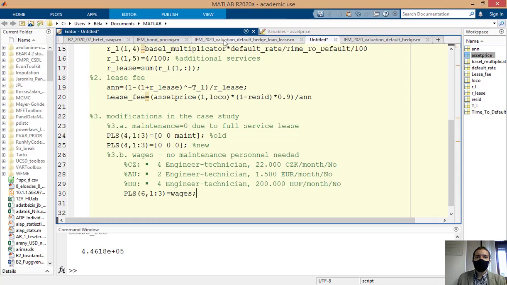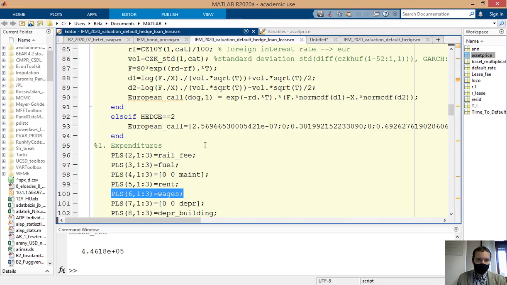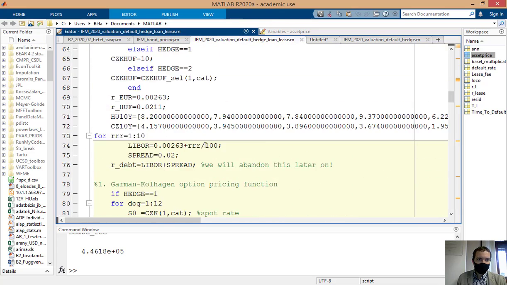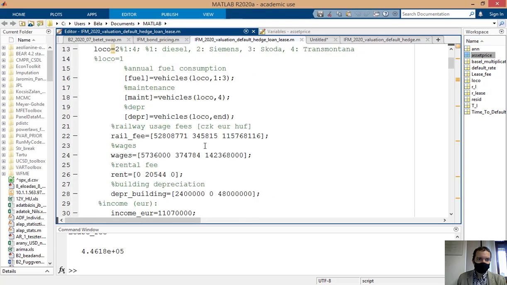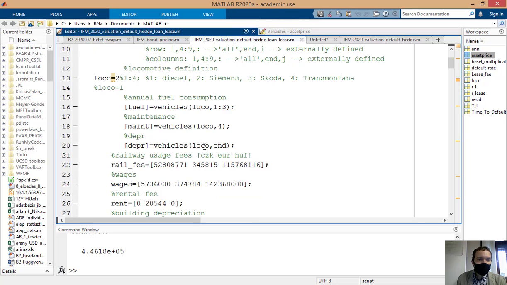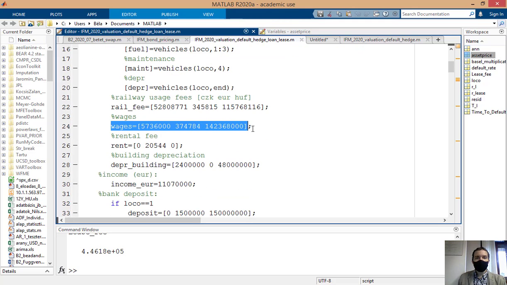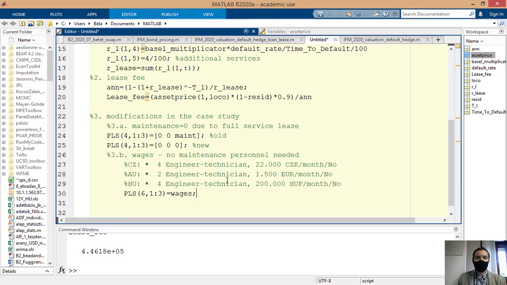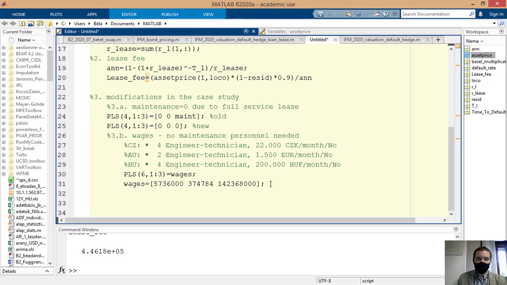This was the wages, but where is the data coming from? There is a wages function. So here, and that was the old. And this will be the new.